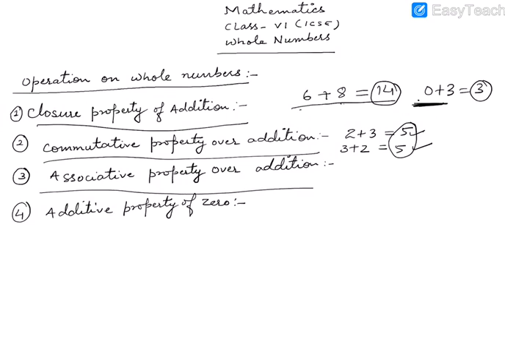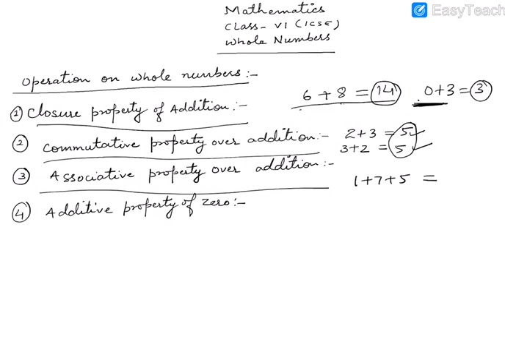Next one is the associative property over addition. It says that when more than two whole numbers are there, like 3, 4, 5, and we add them in any sequence, the answer remains the same. The commutative property was for two whole numbers and the associative property is for more than two. Suppose I am writing 1 plus 7 plus 5.